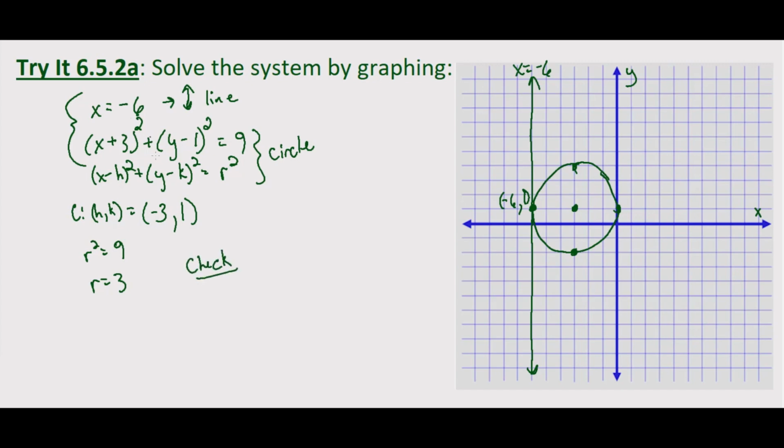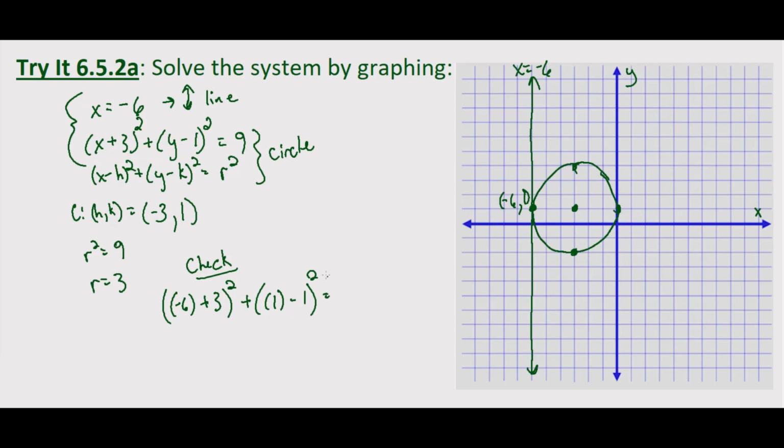So we have (x + 3)², so we'll substitute -6, (-6 + 3)², plus our y value is 1, (1 - 1)².